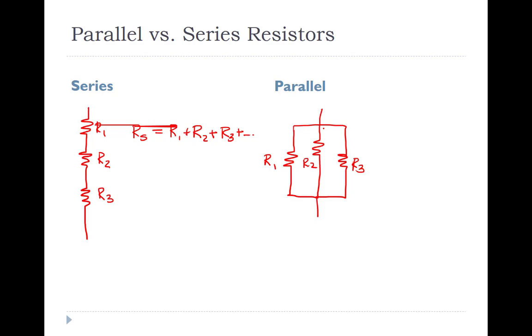The electrons have 3 different choices in which way they're going to go. We will, in a later part of this unit, derive this formula, but for the moment, we're just going to go with it. The total resistance for the parallel case is found by adding inverses.